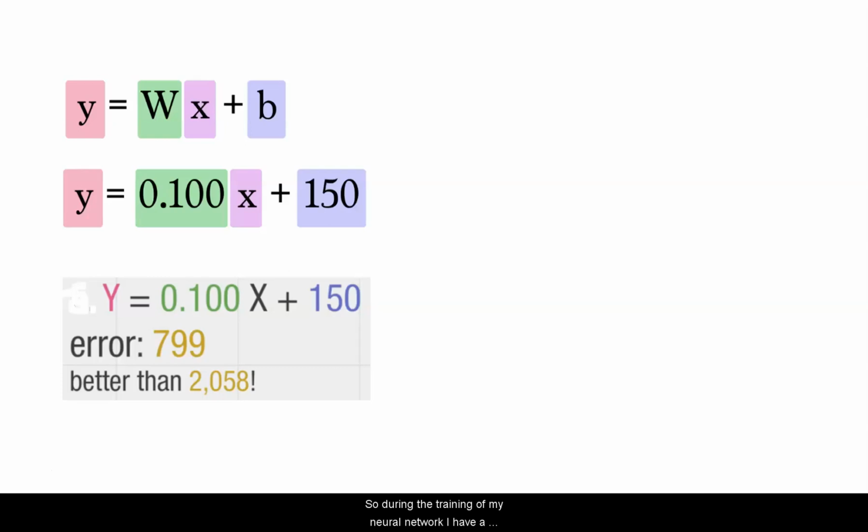So, during the training of my neural network, I have a forward propagation which calculates my y value, and then I have a backward propagation wherein I try to optimize my error by altering this W and B.